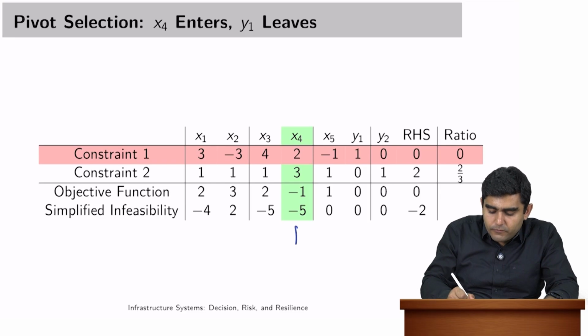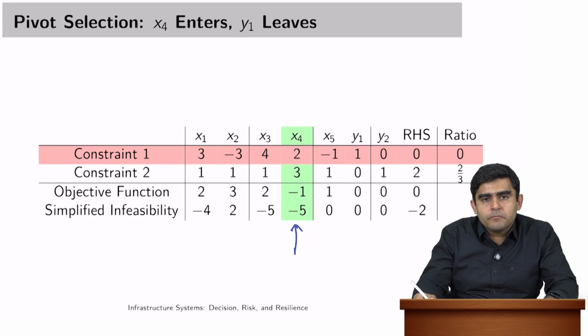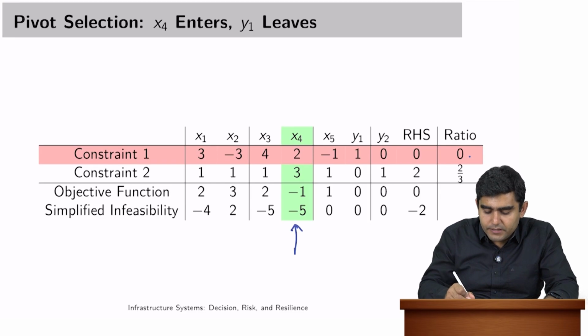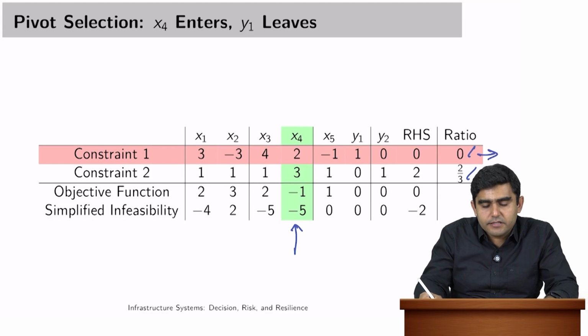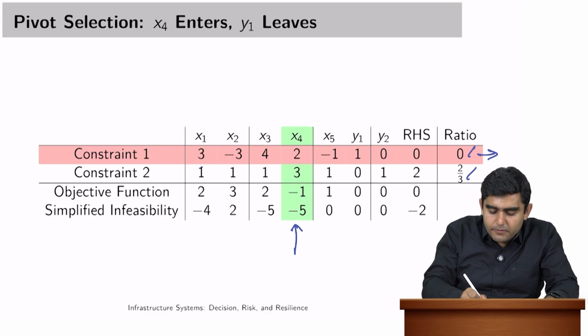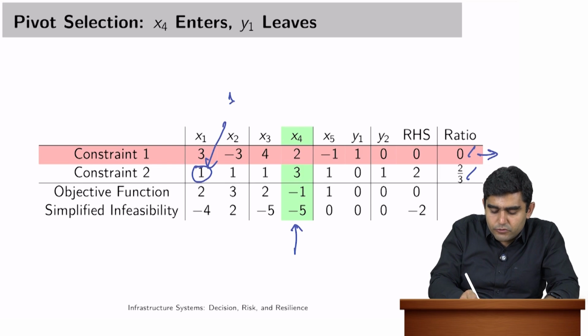I will first of all enter the variable which has the most negative coefficient. In this case it's minus 5. I will do all the steps again, that is, look into which particular ratio is minimal, ask that ratio to leave and perform the operations as we have learnt here, that this 1 should be equal to 1 minus 3 into 3 divided by 2 and so on.